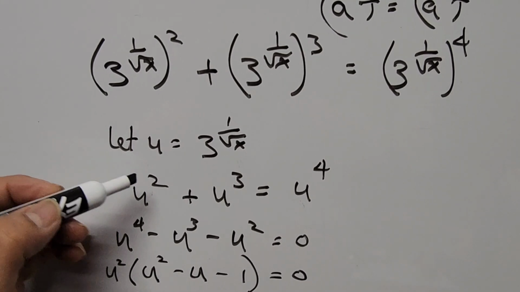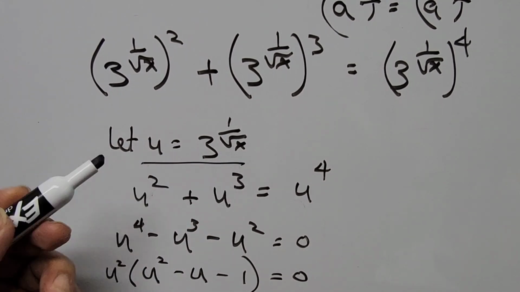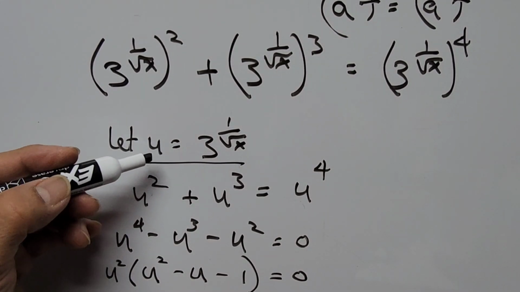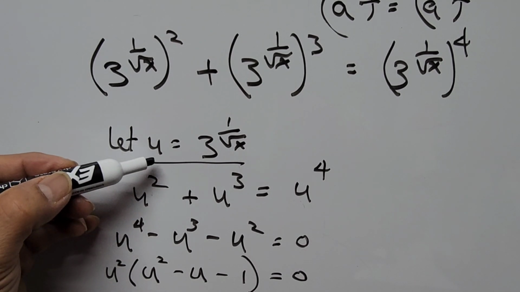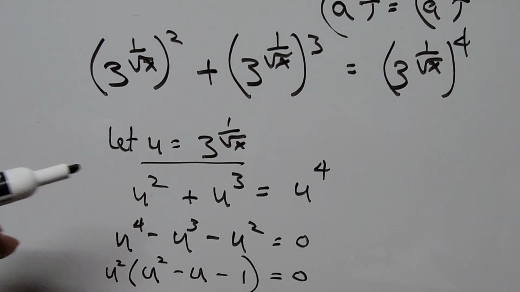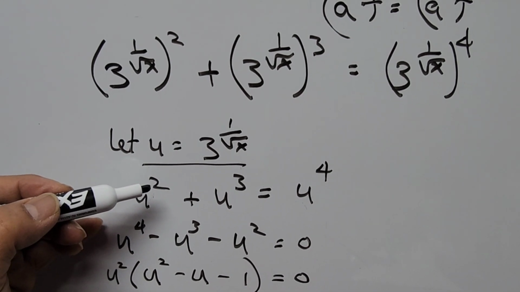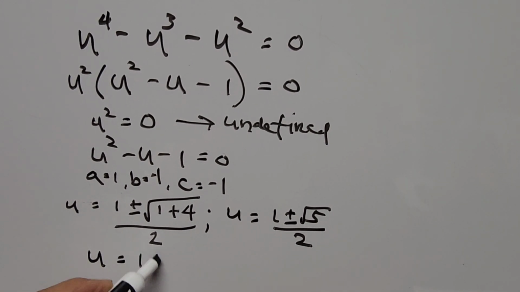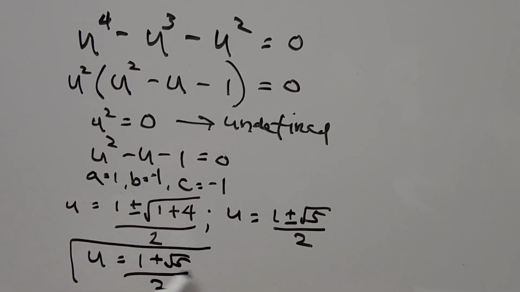This means that the value of u must be positive, so we don't accept a negative value for u for an exponential function. So we have u equal to 1 plus square root of 5 divided by 2. This is our value of u, disregarding the negative value of the square root of 5.